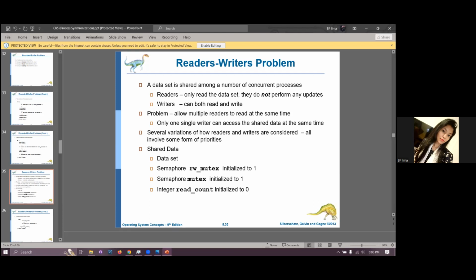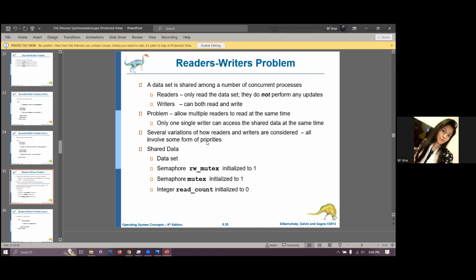We don't care if any number of readers read the critical section at the same time. But when it comes to writer processes, we cannot allow them when someone is reading, or we cannot allow two writers to write at the same time, so that it creates some kind of synchronization issues. So that is the difference between this and the previous one.